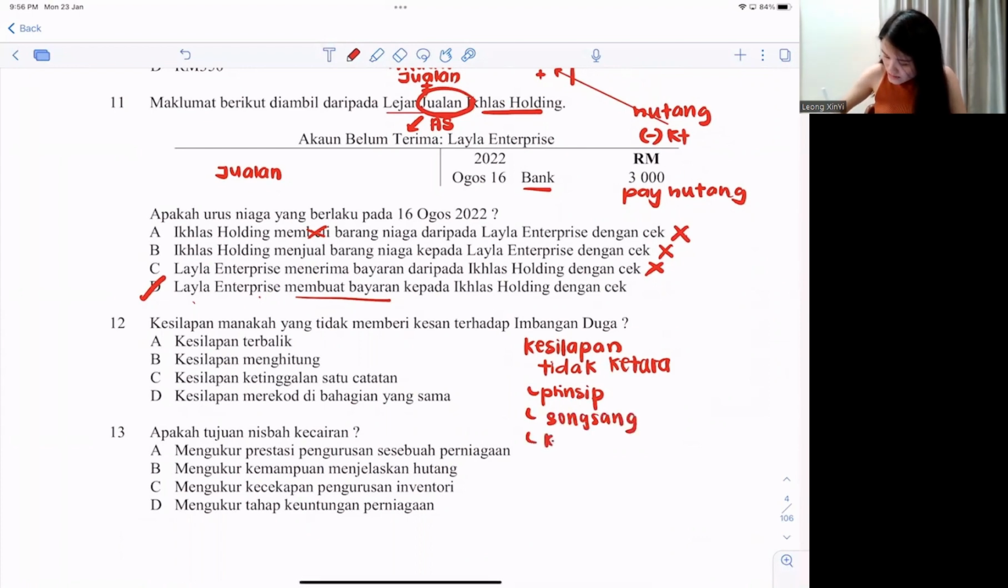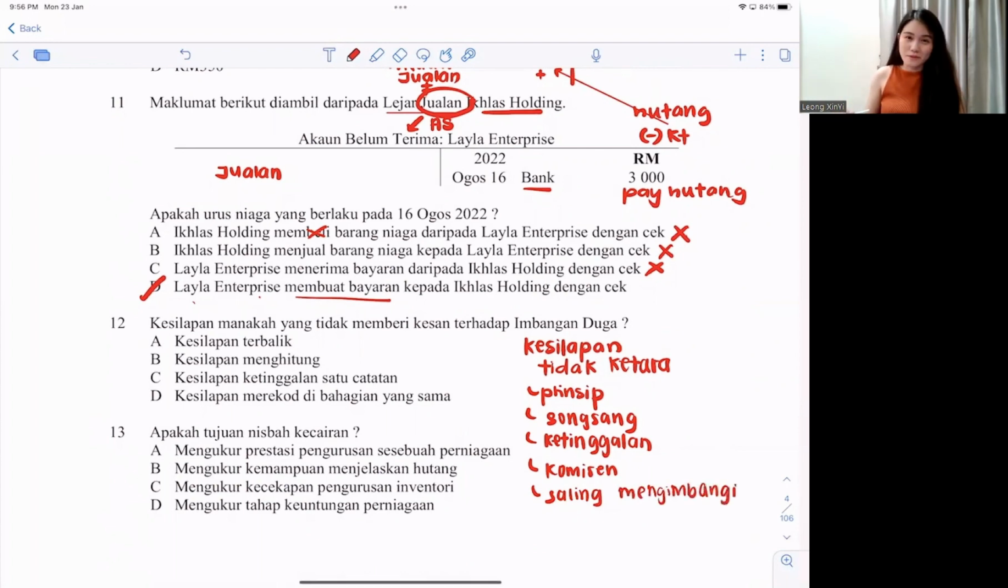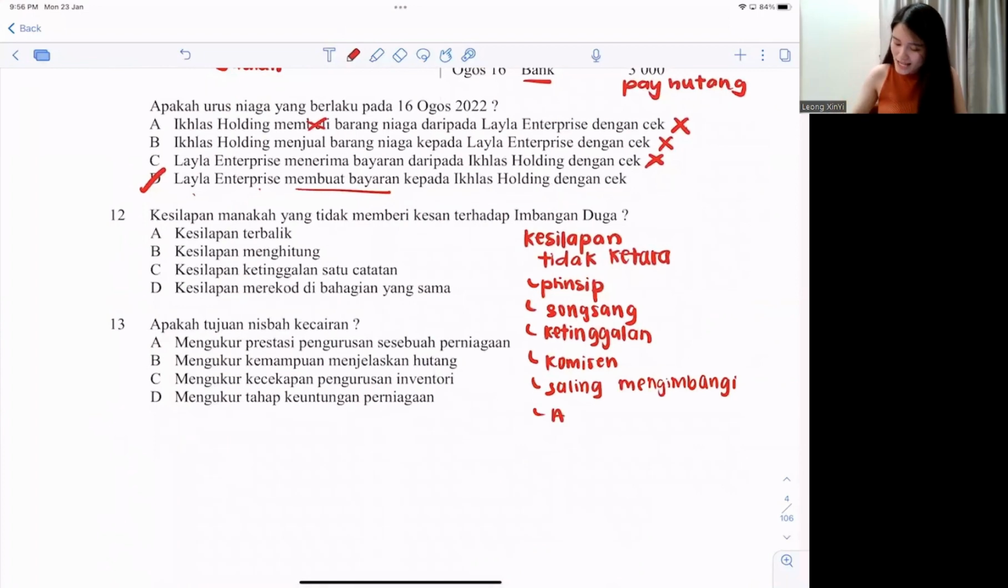We also have ketinggalan, kesilapan komisen, saling mengimbangi. One more. Do you guys remember what is it? Starts from the word A, amount. Okay, so that's 6 types of it.